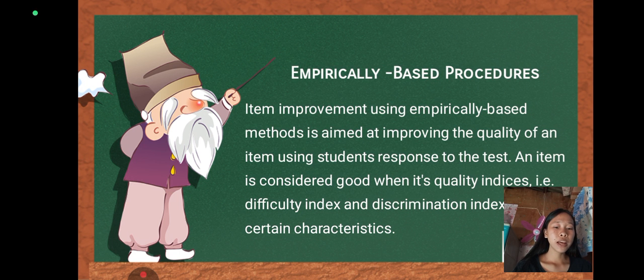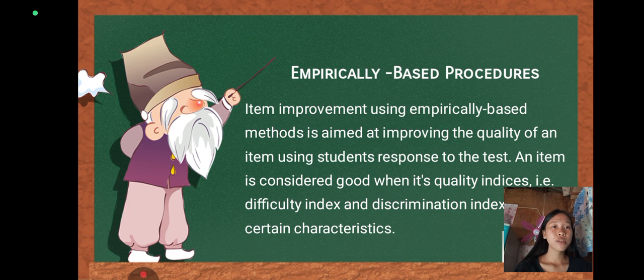So next is the empirically based procedure. Item improvement using empirically based methods is aimed at improving the quality of an item using students' responses to the test. An example is the questionnaire.